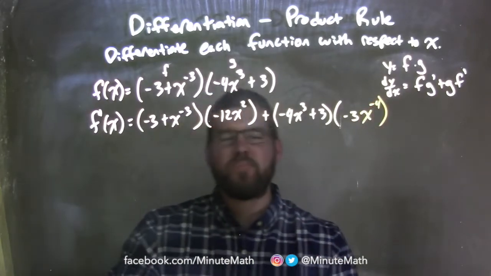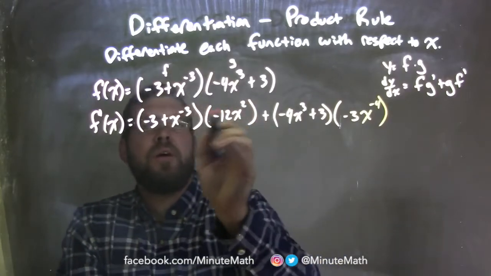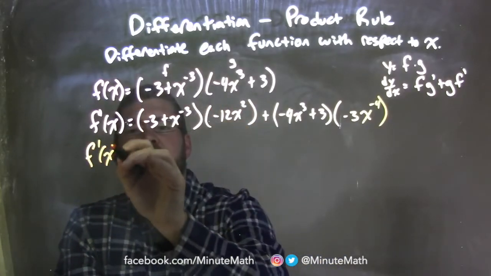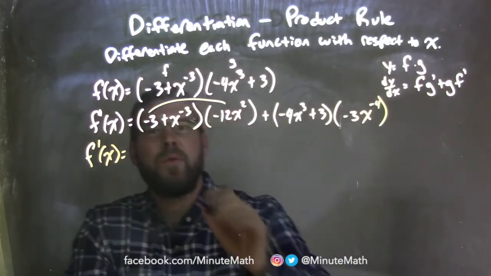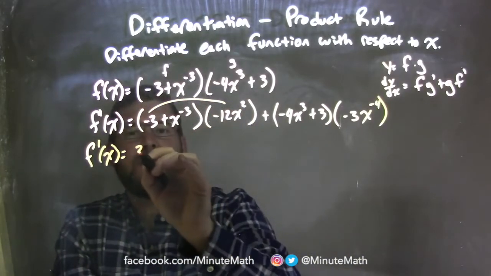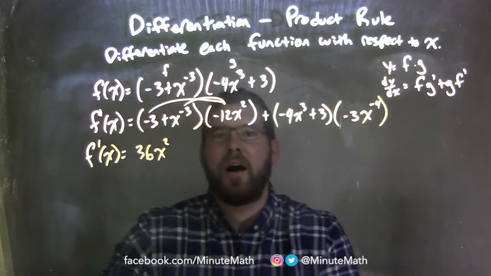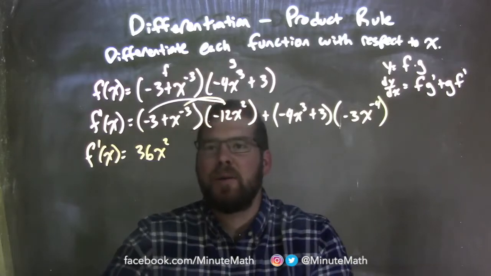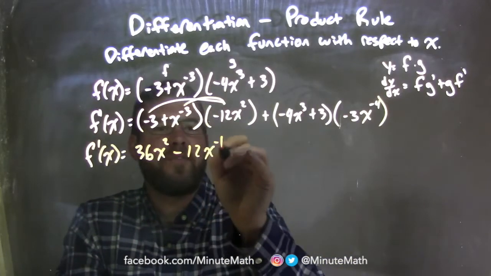All right. So we need to distribute now. Distribute this out. So f prime of x is equal to negative 12x to the 2nd power times negative 3 is a positive 36x squared. Negative 12x to the 2nd power times x to the negative 3 power is negative 12x to the negative 1 power.